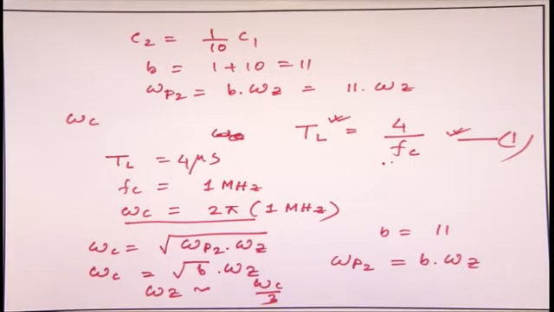If you take higher, you will get a different value, but it is easier here. So omega Z is equal to omega C by 3.